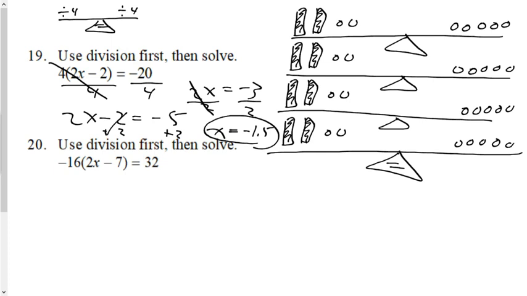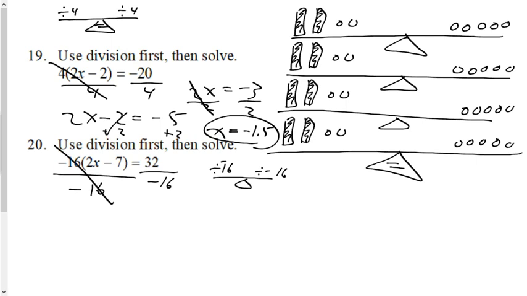Finally, the last one. Well, if you drew it, yes, there's a lot of work. But if you didn't draw it, if you just did the work, it's not so bad. What would I divide both sides by? I'm going to divide by negative 16, right? And by dividing this side by negative 16 and dividing this side by negative 16, again, it should not affect the equality of that balance.